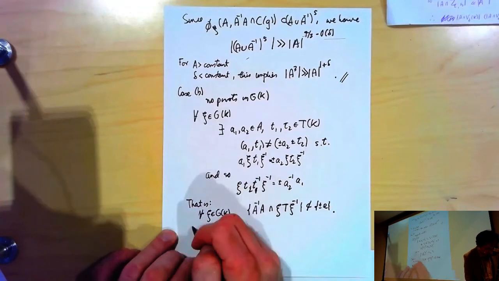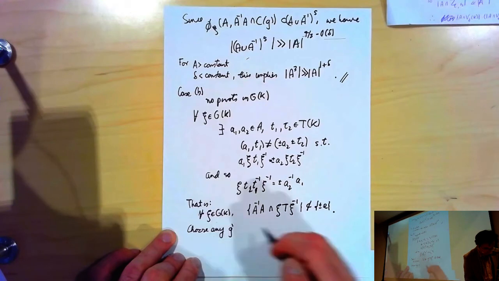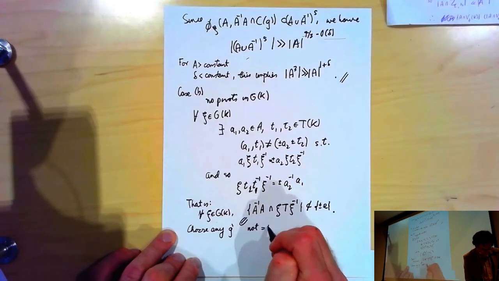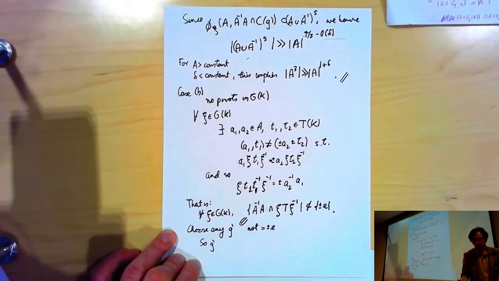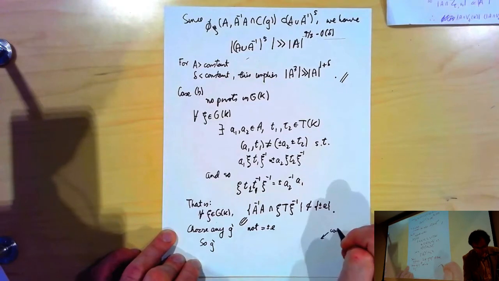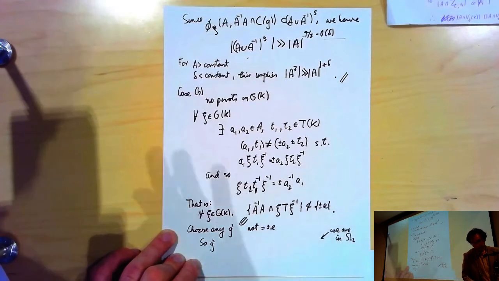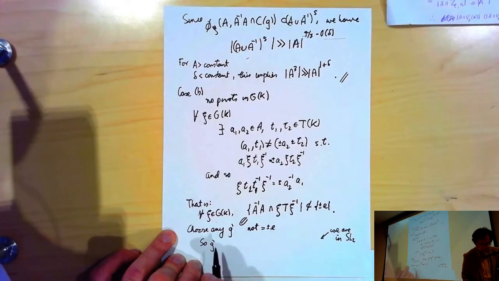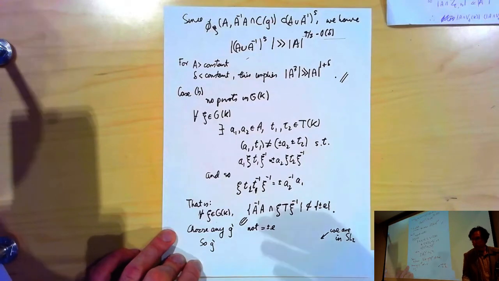So you choose any G prime here, not equal to plus minus 1. Here, not elsewhere, we use the fact that we are in SL2. It's not a tragedy if we are in SLN, we have to make the argument a bit more involved. But so you have that since G prime is in a maximal torus, and G prime is not plus minus E, G prime itself is regular semisimple.